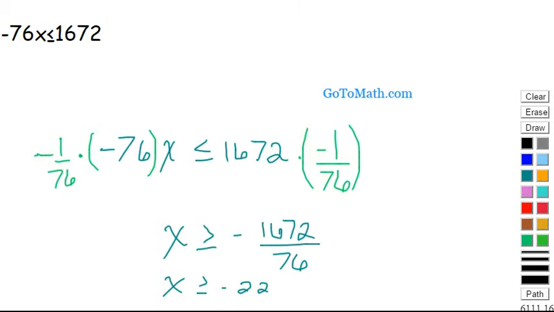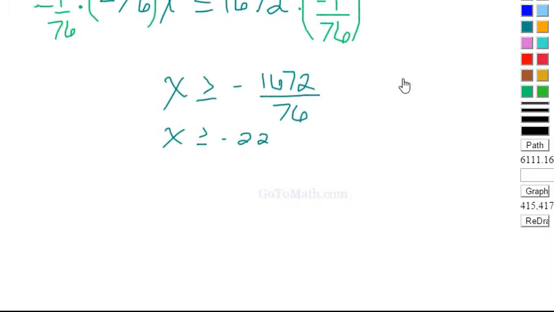Now remember, we've got several different ways we can display this solution. Let's put 0 here, and negative 22 is there. Since it's equal to, we include it, so it's a solid dot, and then everything to the right of that.